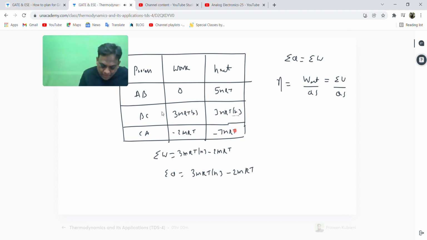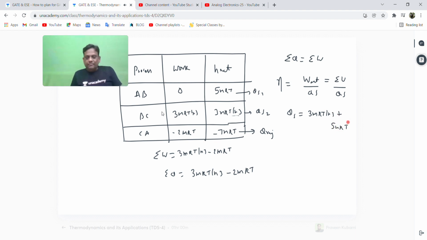What is heat supply? Look, negative is heat rejection, positive is heat supply. Can anyone tell what is the total heat supply? Total heat supply is this plus this, so it will be 3 MRT ln3 plus 5 MRT. Correct? So what is the efficiency?